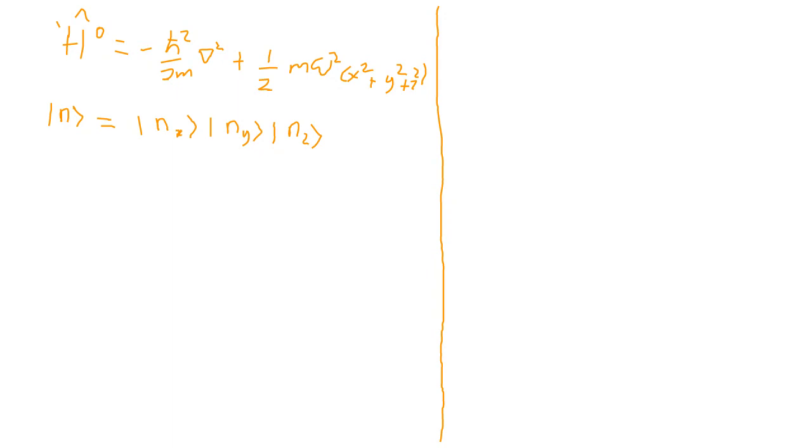I just left it as that notation, but to keep track of what I'm doing, you could label them as n_x, n_y, and n_z. Now, if you look at the energy, E is given by h bar omega times n_x plus a half, plus n_y plus a half, plus n_z plus a half.